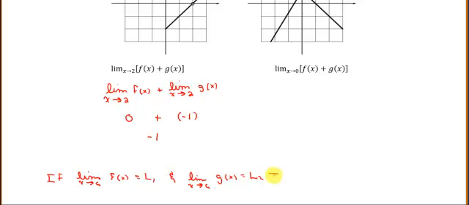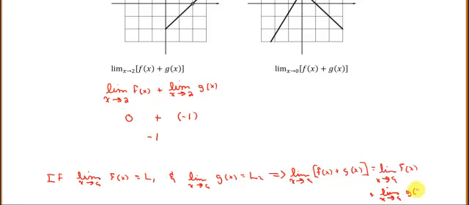And then in that case, we can say that the limit as x approaches a of f of x plus g of x is equal to the limit as x approaches a of f of x plus the limit as x approaches a of g of x.